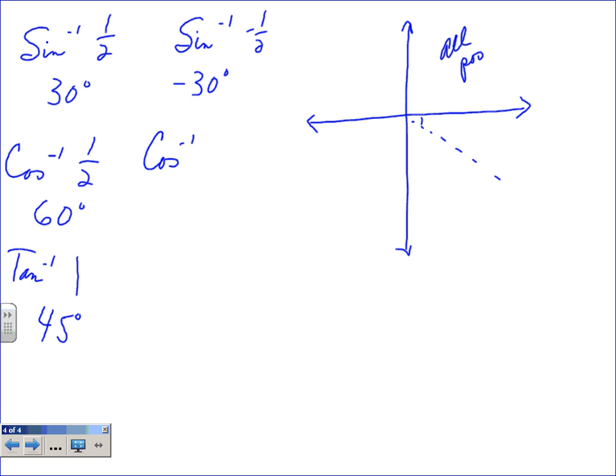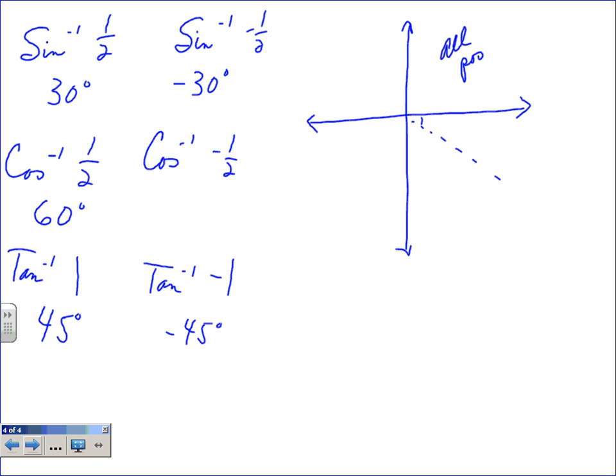Cosine of negative 1/2. Let's hold off on the cosine for just a minute, and let's do tangent of negative 1. I know tangent of 45 degrees is 1. Tangent of negative 1, not 1/2, sorry, is negative 45 degrees.